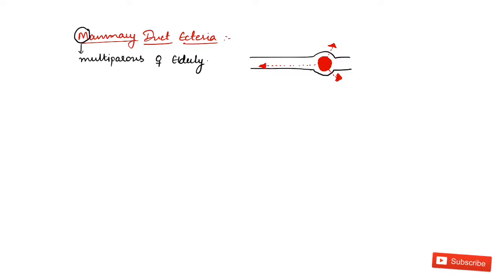Due to this dilation, as I already explained, there is an accumulation of secretions leading to nipple discharge, or the leak of the secretions leading to rupture. This condition is not associated with smoking, and it is not associated with malignancy.